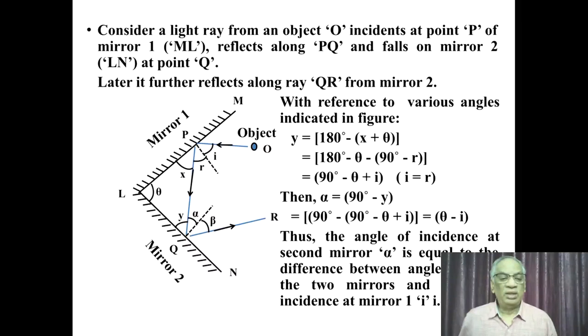So alpha is equal to 90 minus y, which gives alpha is equal to theta minus i. The angle of incidence at mirror 2, alpha, is equal to the difference between the angle of inclination between the two mirrors, theta, and the angle of incidence at mirror 1. All other angles are not important.